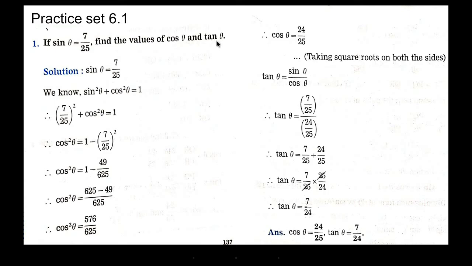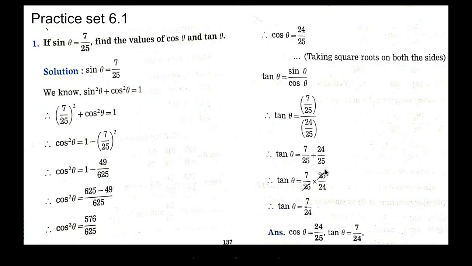Next we have to find tan theta. Tan theta is sin theta upon cos theta. So now we have the values of both sin theta and cos theta. So we substitute the values. Tan theta is equal to 7 upon 25 upon cos theta, which is 24 upon 25. So upon means it is division. So tan theta is 7 upon 25 divided by 24 upon 25.